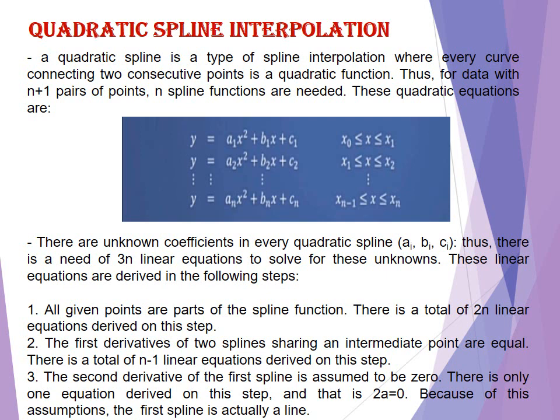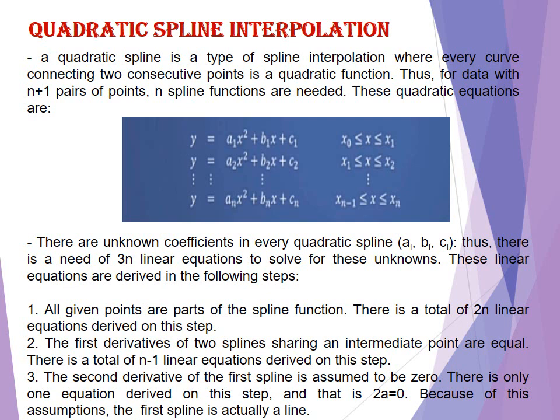And the third is the second derivative of the first spline is assumed to be 0. So there is only one equation derived in this step, and that is 2a equals 0, because of that assumption the first spline is actually a line.